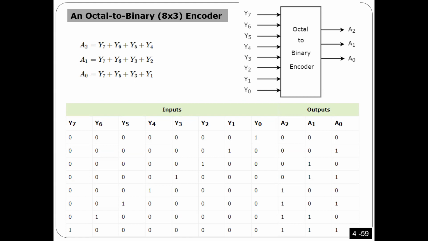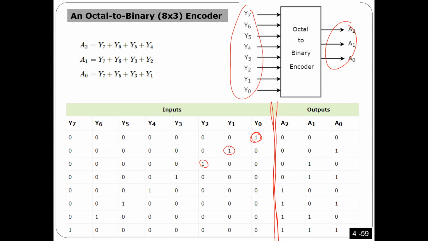So in this case, I have 8 inputs, I have 3 outputs, 8 to 3. So this is the truth table, as you see here. For every input I have, it's only 1 in one case, and then 0 everywhere, because this is how an encoder works.